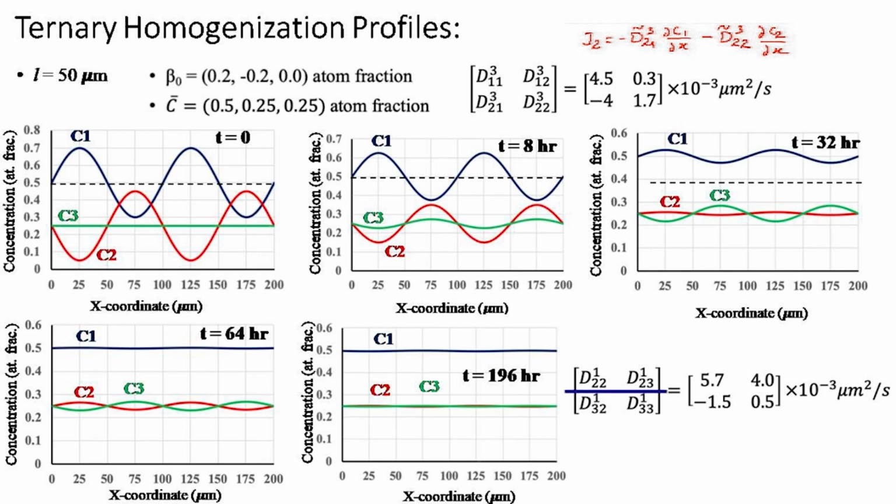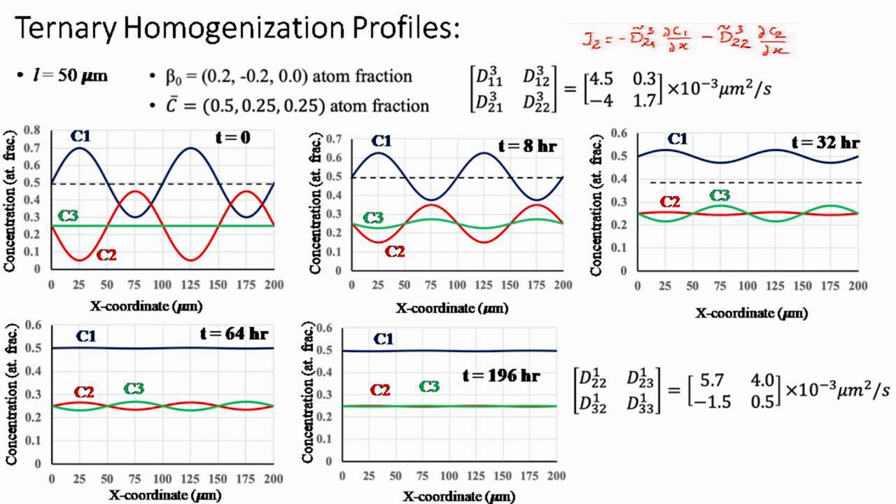We can see D23 is almost similar to D22, and that is why the undulations of C2 have reversed in this case. If you compare to the start, the direction of undulations has reversed, and slowly this will flatten out.